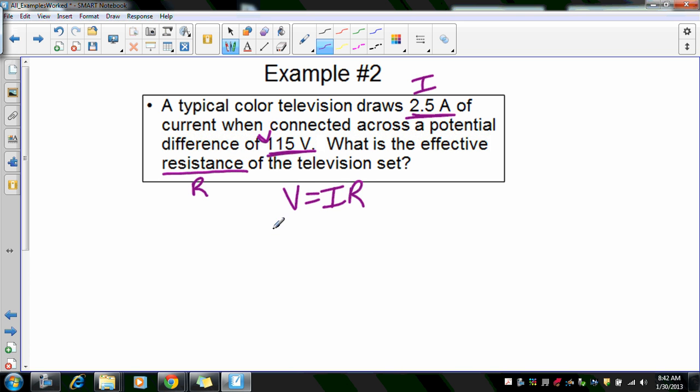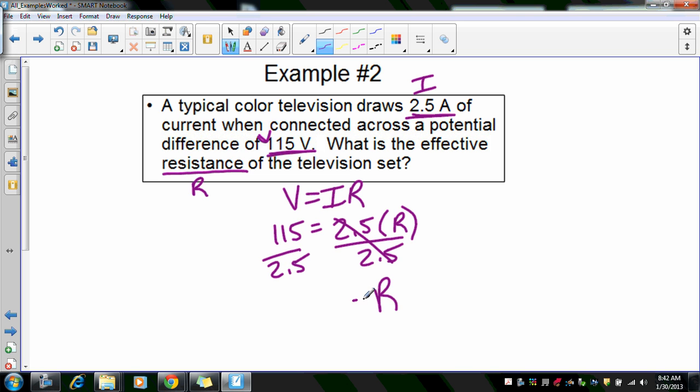We have V, 115. We have I, which is 2.5. And now we're looking for R. So we're going to divide by 2.5. And we get a resistance of 46 ohms. And again, the ohm is an uppercase omega, but as long as it looks kind of like a horseshoe, you're fine. I know what you mean.